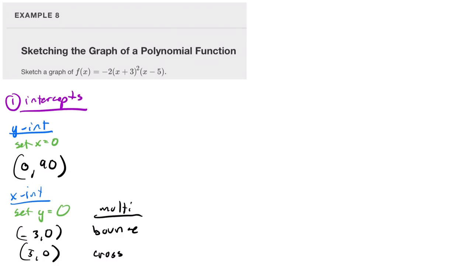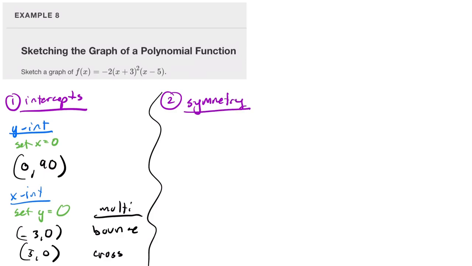Okay. Let's do a test for symmetry. So to test for symmetry, what we're gonna do is replace each x with -x and simplify. Right. Let me do a quick recap.